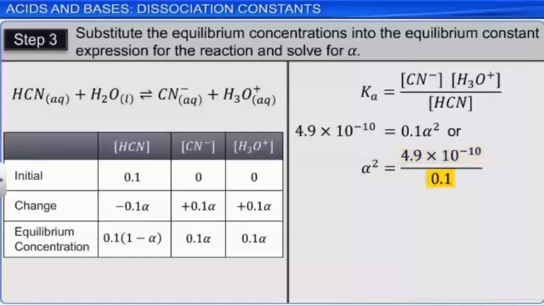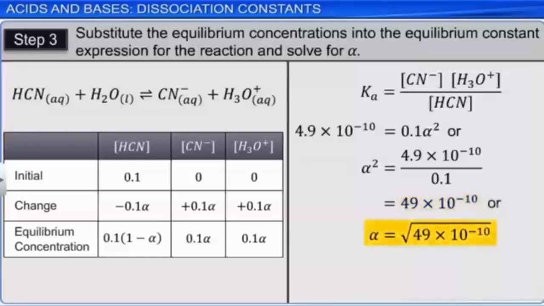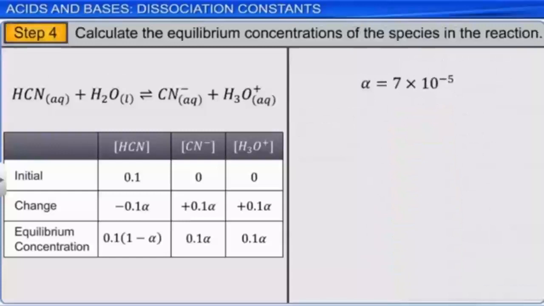Hence, alpha is equal to the square root of 49 × 10^-10. This is equal to 7 × 10^-5. Thus, the degree of dissociation of decimolar hydrocyanic acid is equal to 7 × 10^-5. In the fourth step, calculate the equilibrium concentrations of the species in the reaction. As alpha is known, the equilibrium concentrations can be easily calculated.